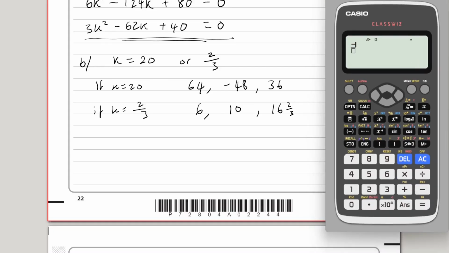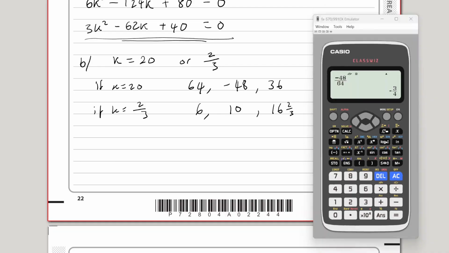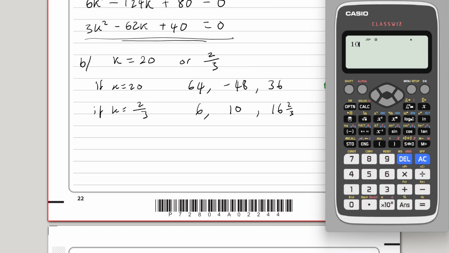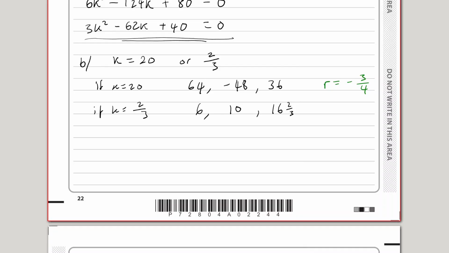Let's work out the common ratio. -48 over 64 is -3/4. And 10 over 6 is 5/3.